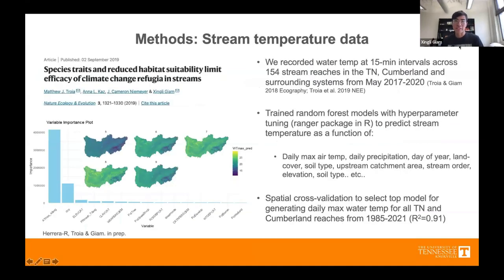And then for stream temperature data, this is interesting. Stream temperature data came from our group, from my lab. It's a project of my first postdoc, Matt Schroyer. I had great fortune working with Matt, and he was my first postdoc when I started at UTK in 2017. He had this crazy idea: what if I trek around the entire Tennessee and Cumberland River Basins and the surrounding basins and put loggers down to figure out the stream temperature regimes?